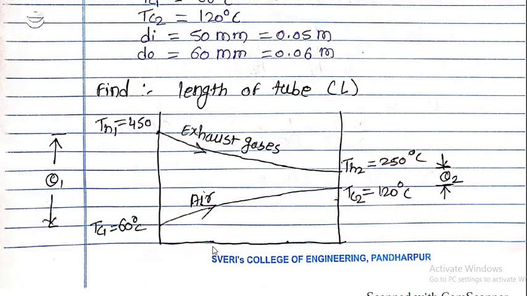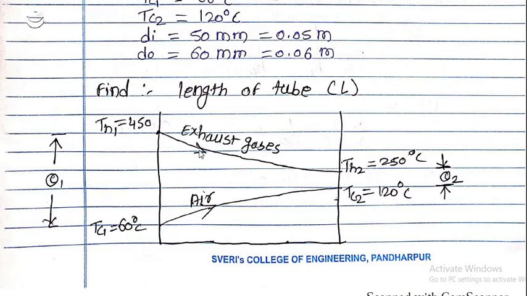So here we have drawn the temperature distribution diagram for the parallel flow heat exchanger. Okay, so the exhaust gases are the hot fluid, and the air is the cold fluid. The hot fluid inlet temperature is TH1 equal to 450, and it is a parallel flow heat exchanger, so on the same side the cold fluid inlet should be there. The cold fluid inlet temperature is 60 degrees Celsius.